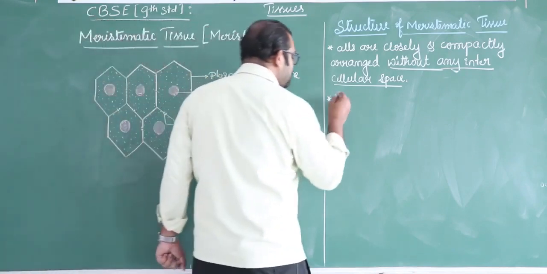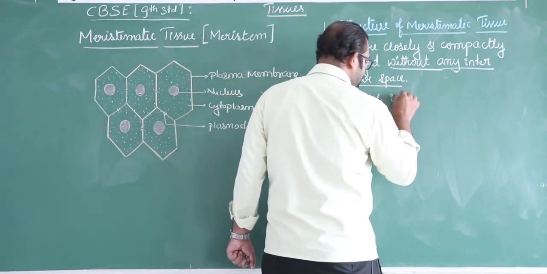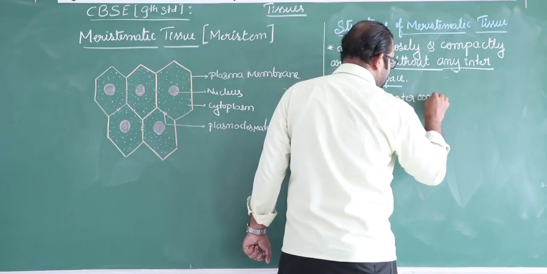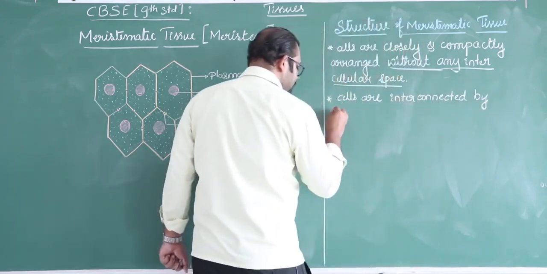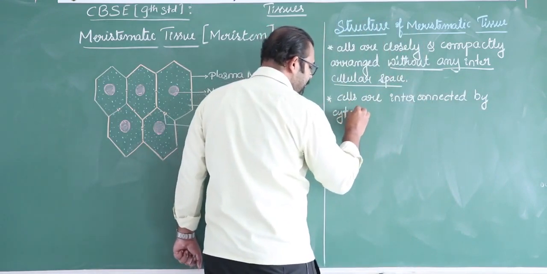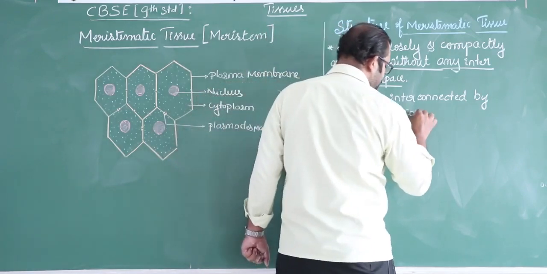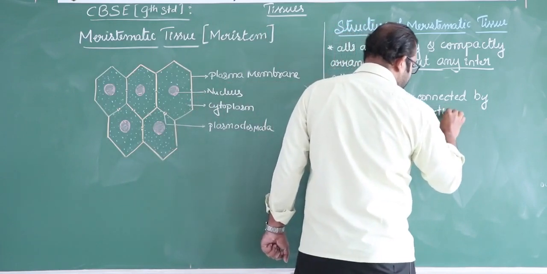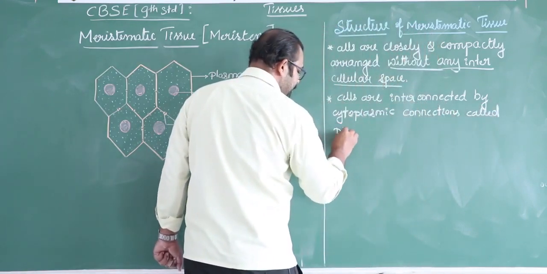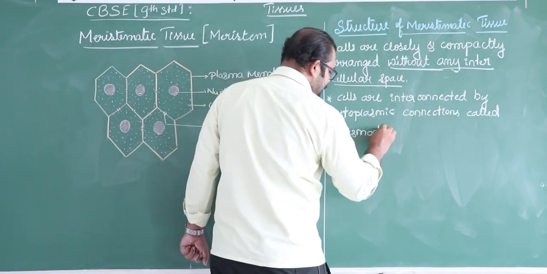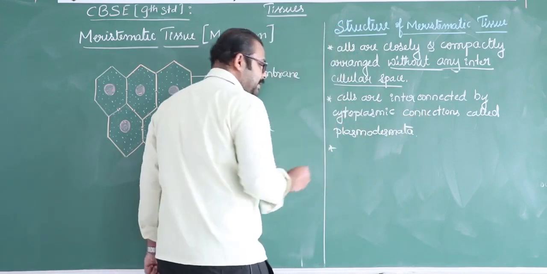So we'll continue this one. The cells are interconnected by cytoplasmic connections called plasmodesmata. This is the second point.